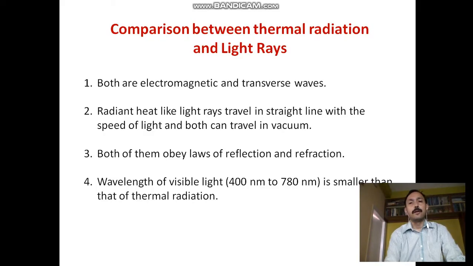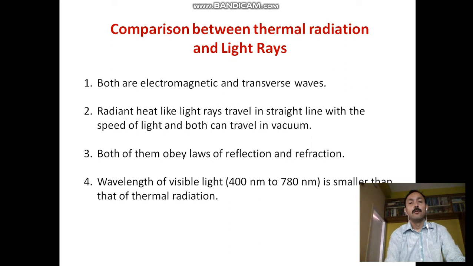Comparison between thermal radiation and light rays. Number 1: thermal radiation and light rays both are electromagnetic and transverse waves. Number 2: radiant heat, like light rays, travels in a straight line with the speed of light, and both can travel in vacuum.